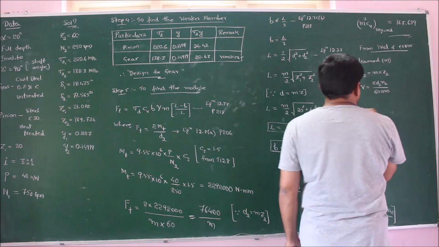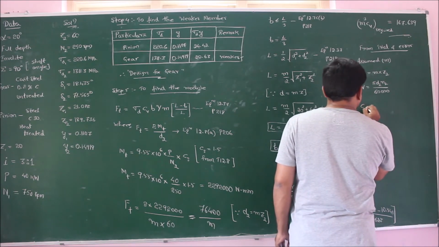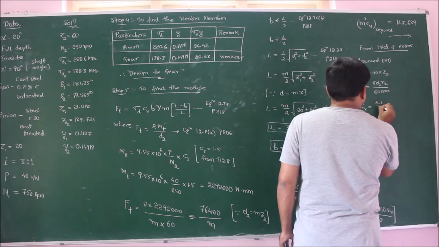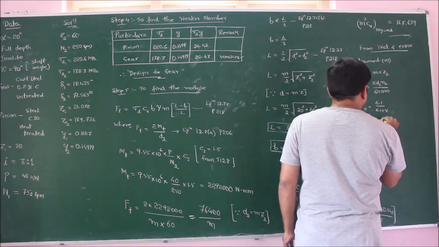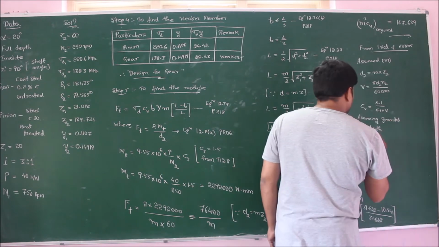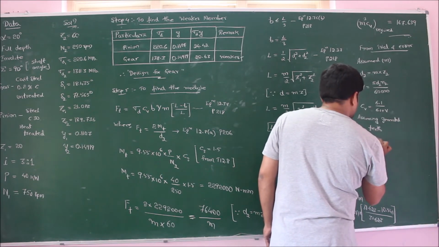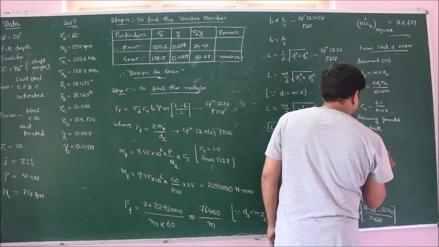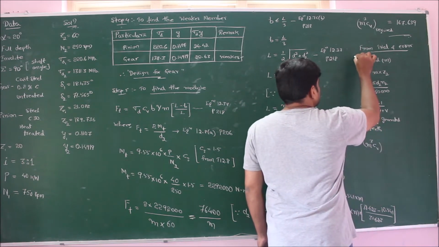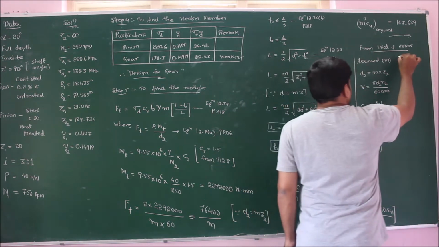Once I find the velocity, I can find the value of CV, which is given by 6.1 by 6.1 plus v, assuming generated teeth. And finally, I will calculate m cube CV adoption. So the table will look like this.